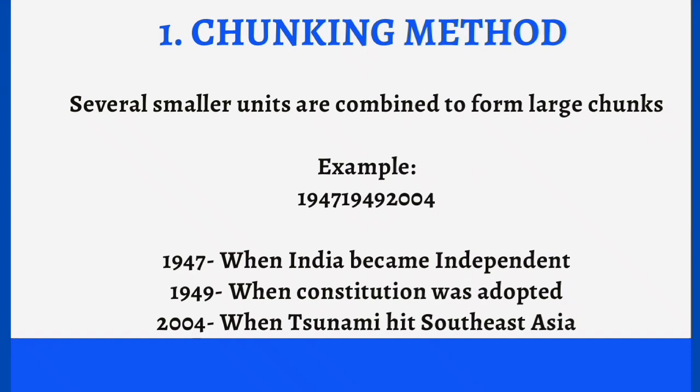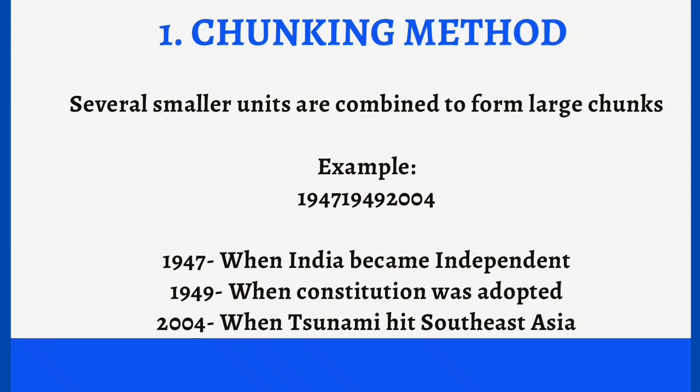Now as the example is given here, the number is 194719492004. It is quite difficult to remember this number as it is. So what we can do is break it into three parts, that is 1947, 1949 and 2004.